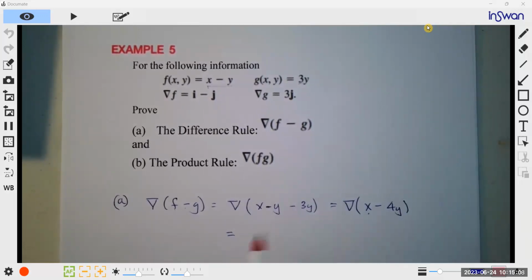So this becomes i, parameterize them, we get i minus 4j.